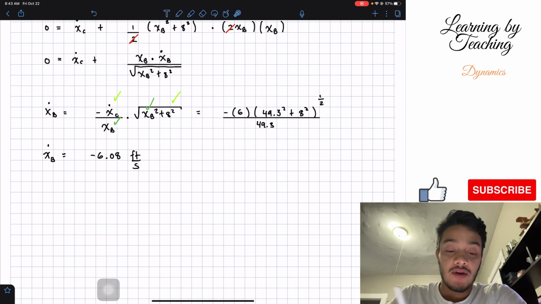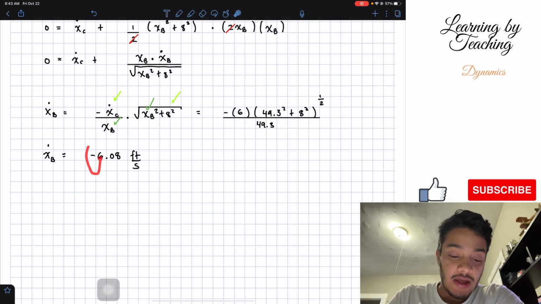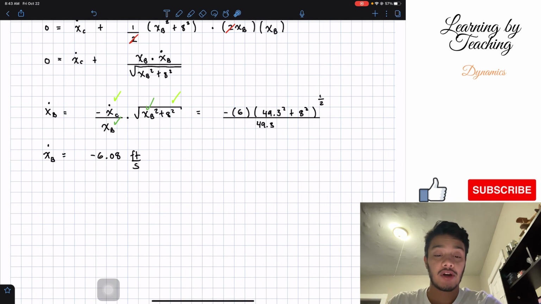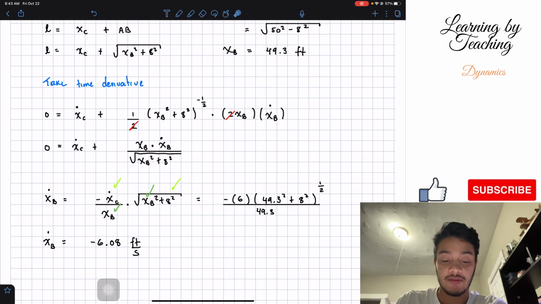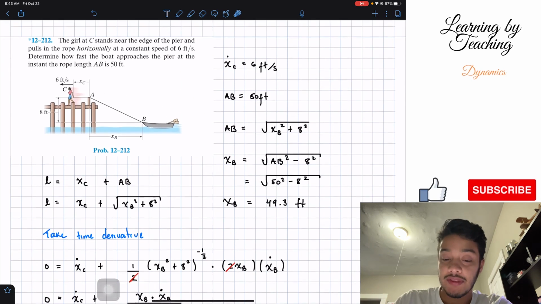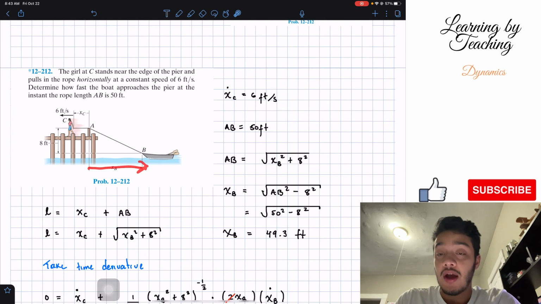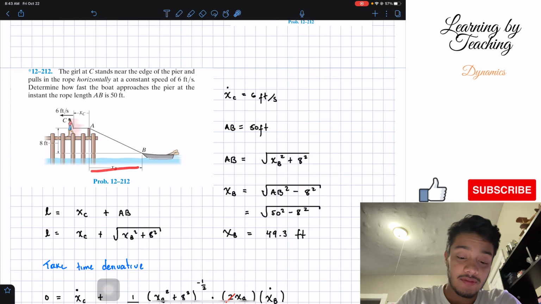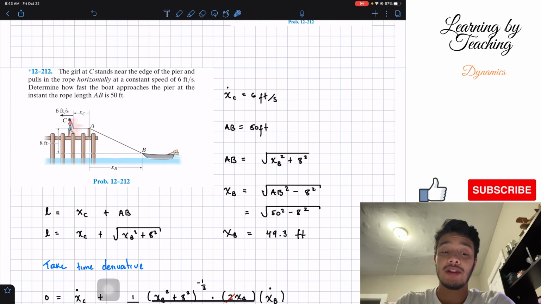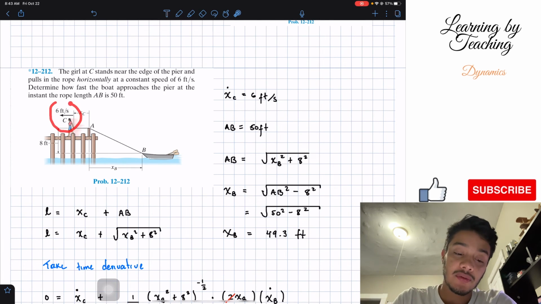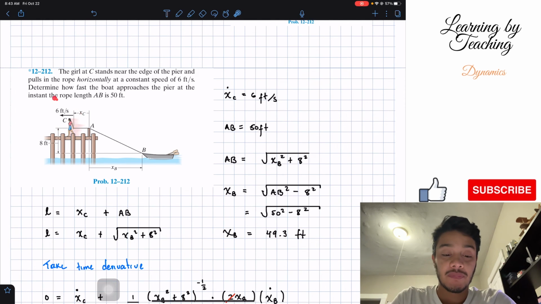As you can see, we have a negative in front of our answer, meaning that our velocity is negative. Let's check what that means. As we can see, our length XB is supposedly going to the right. However, our answer was negative. Therefore, we're going to the left, which makes sense with respect to the velocity with which the girl is pulling our rope.